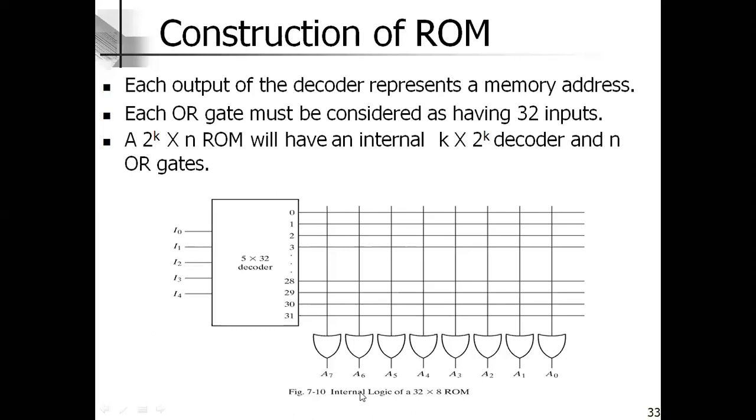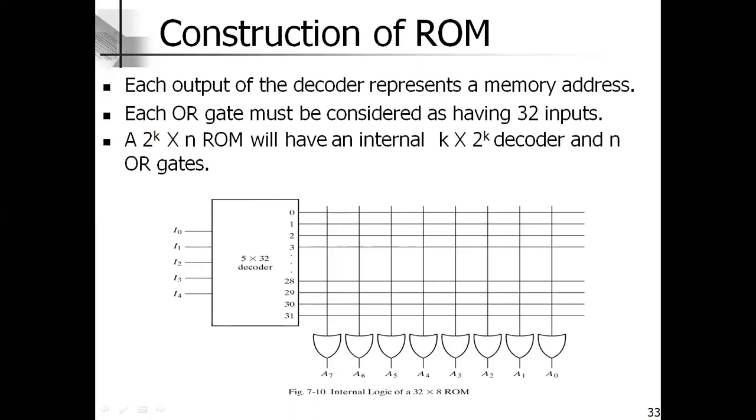So for 32 words, it will require one 5 by 32 decoder. These are the inputs, 32 words, and we produce the output, that is 8 bits. That is the internal logic diagram for the 32 by 8 ROM.